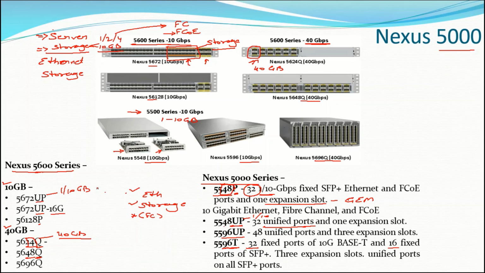That's the reason they stopped the 7000 series and want to use the 2-tier architecture, which is quite possible in the 9000 series of switches.